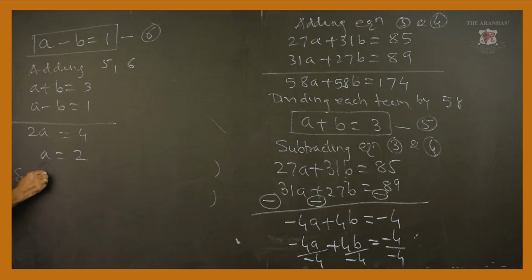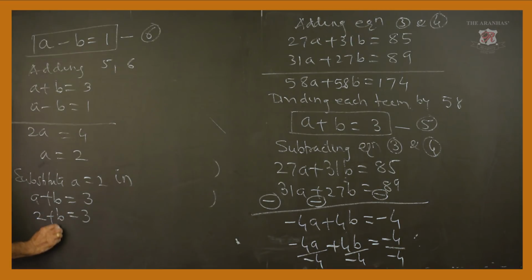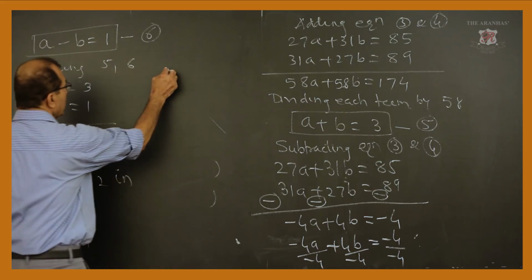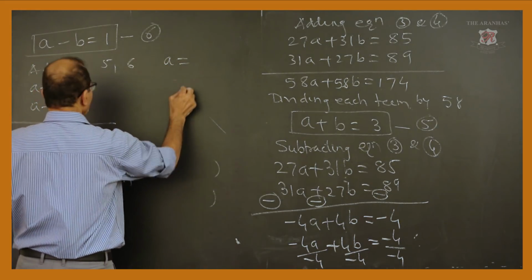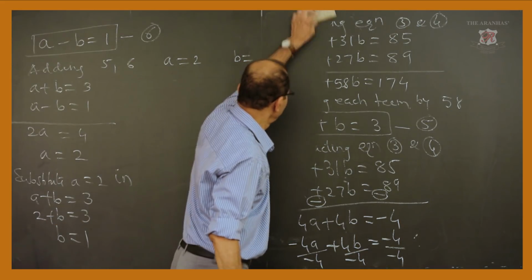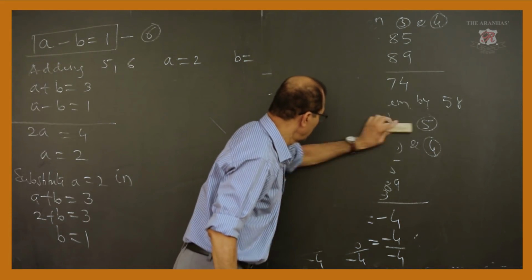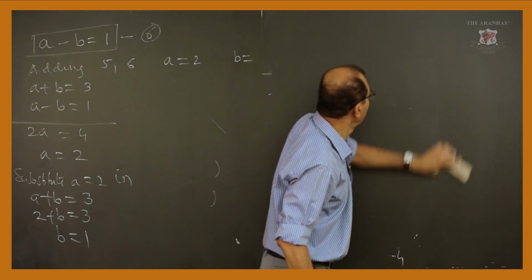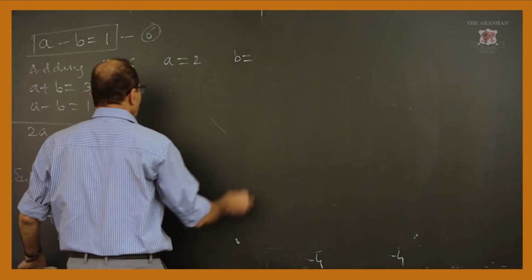Substitute a is equal to 2 in the simple equation a plus b is equal to 3. So 2 plus b is equal to 3. So b is equal to 1. So what I got is a is equal to 2 and b is equal to 1.